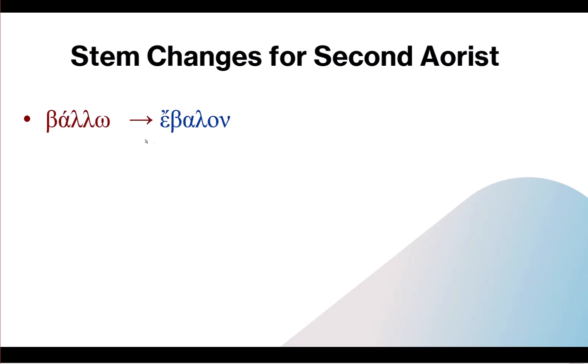This tells us it's second aorist. Similarly for lambano, notice that in the aorist, the mu drops out, and so we have elaban. So the stem has changed.